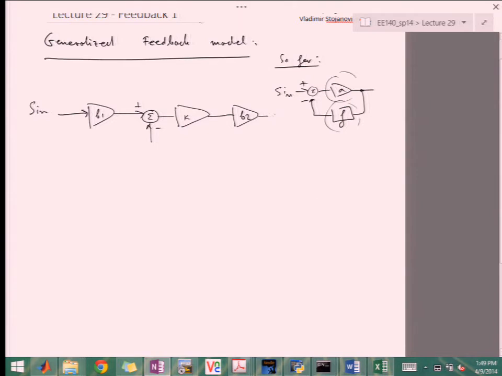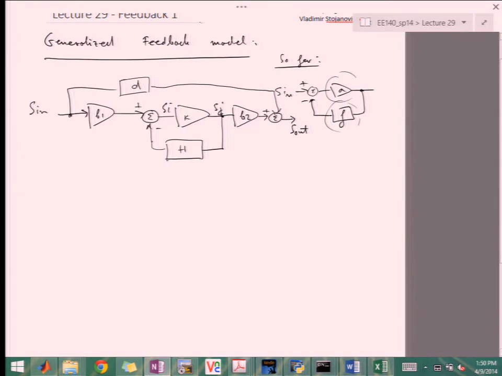Let's call this a summing node. So this is Sin, this is going to be Si, Sj.